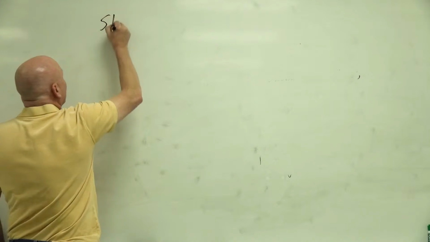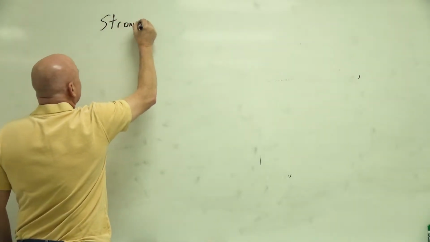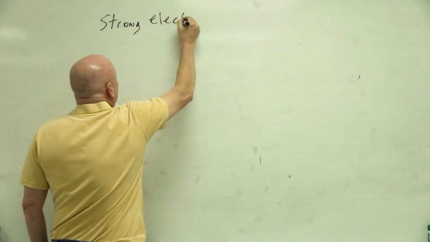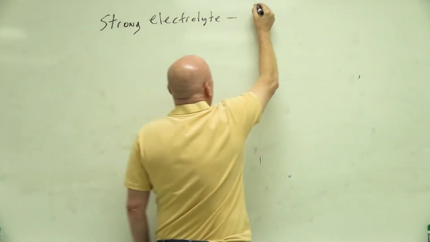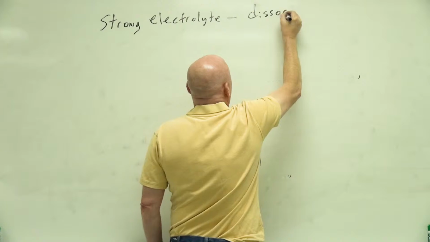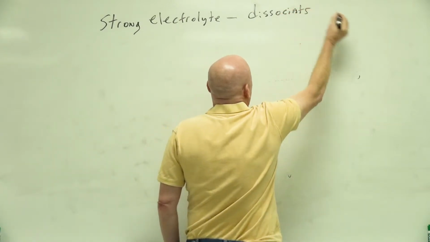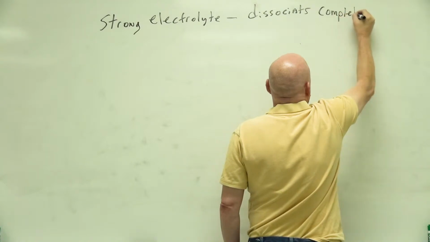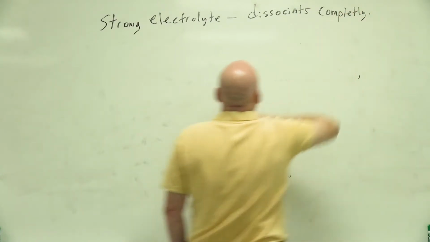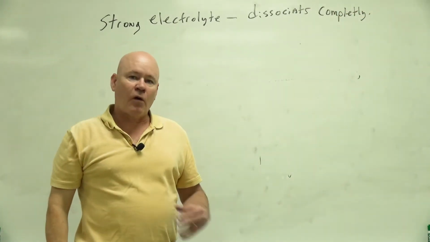Okay, so we have strong electrolytes. So we have strong, and it dissociates completely. That's what it means to go to all ions.